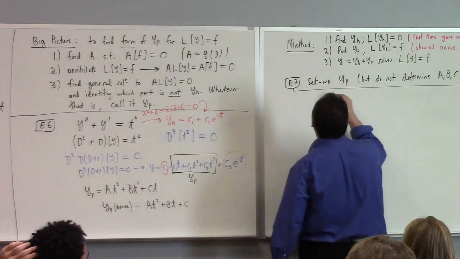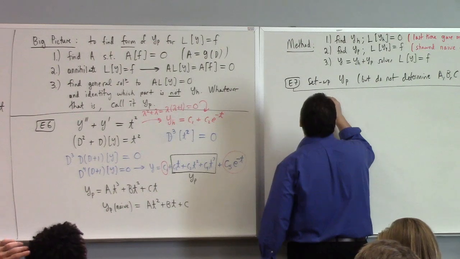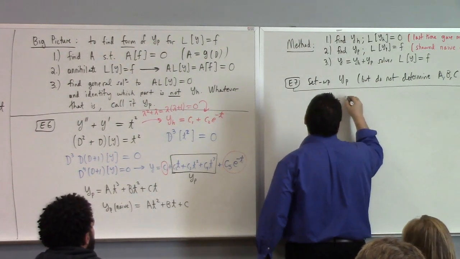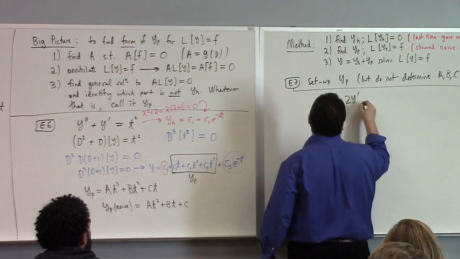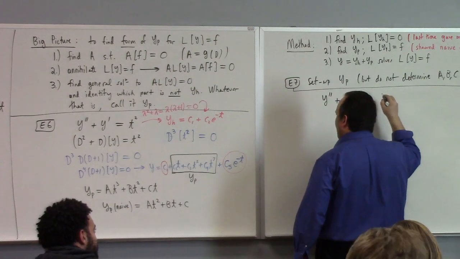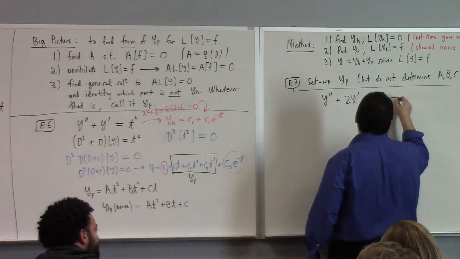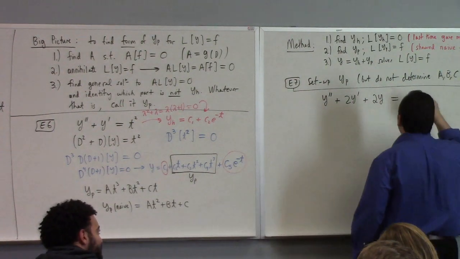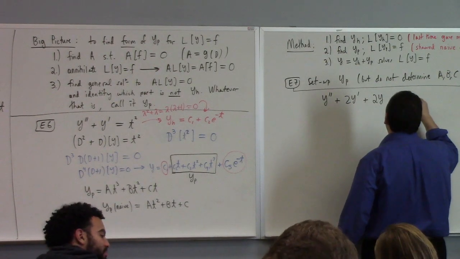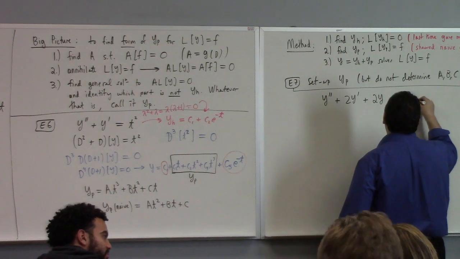Here's the problem. y'' + 2y' + 2y equals, let us say, t cosine t.